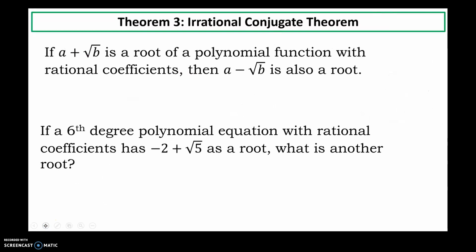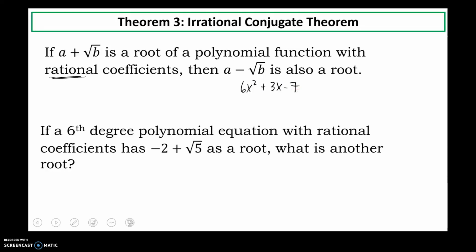All right, so irrational conjugates. If a plus square root of b is a root of a polynomial function with rational coefficients, then a minus root b is also a root. Functions like this have to be in the form with rational coefficients.